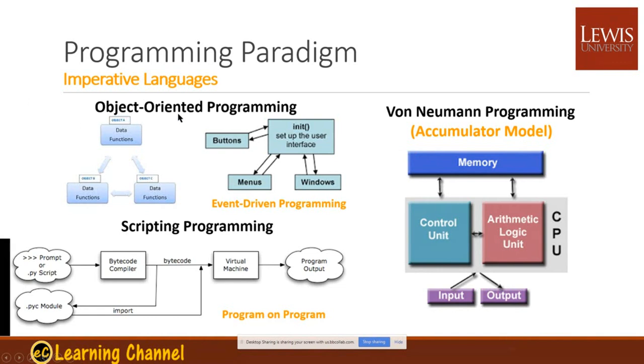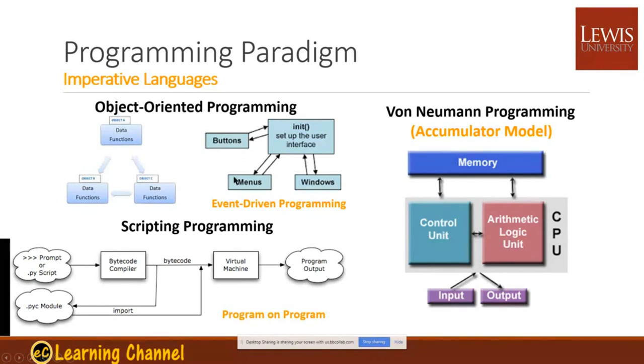And third one is object-oriented programming. Object-oriented programming is based on von Neumann programming. There's no doubt about this, but it may come with some new features, say event-driven programming, concurrent programming.